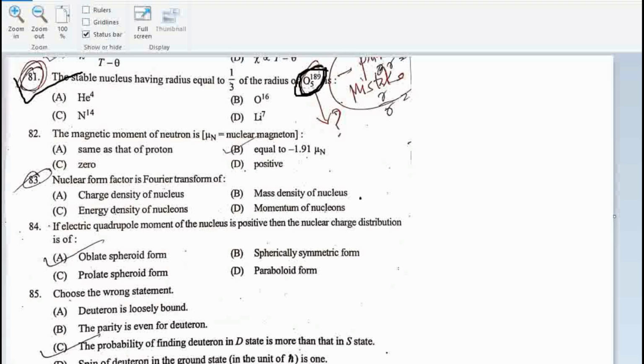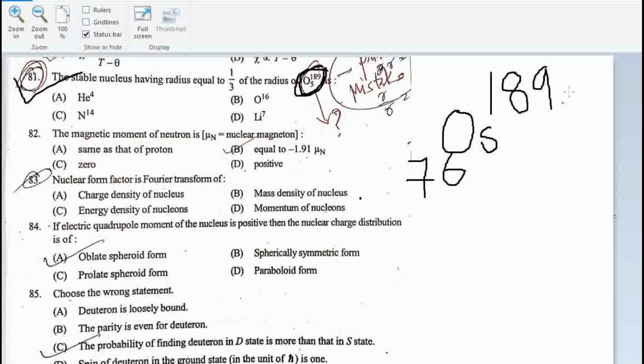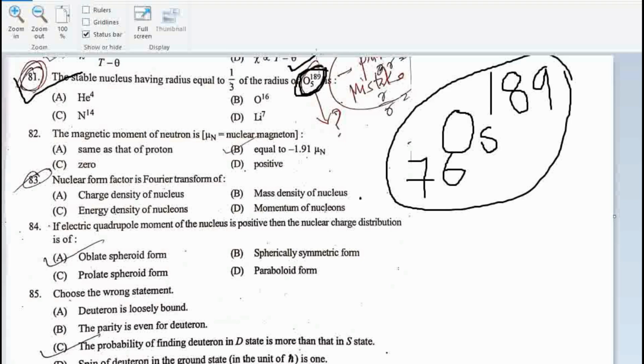Actually this is the element osmium, whose atomic number is 76 and mass number is 189. This should have been printed here, but there is a printing mistake and we could not do anything.